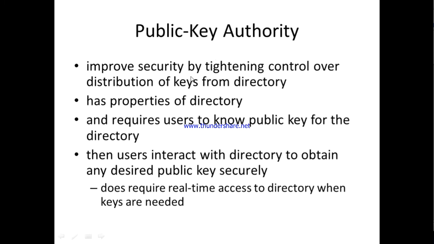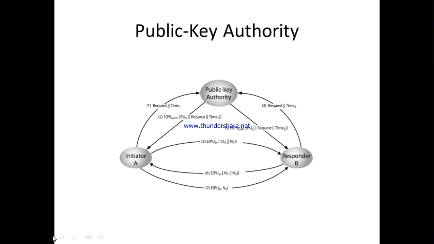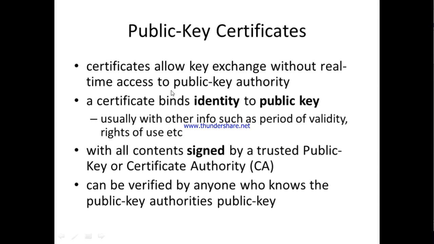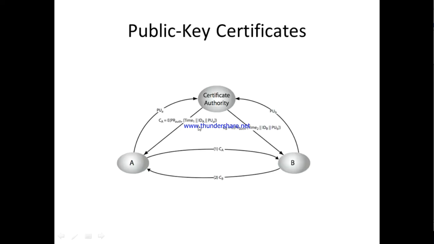Public key authority: one authority will be maintaining and distributing all these public keys. Or else you can go for public key certificates, which are signed certificates. One certificate authority will be signing on the public keys, and they can be used for distribution.